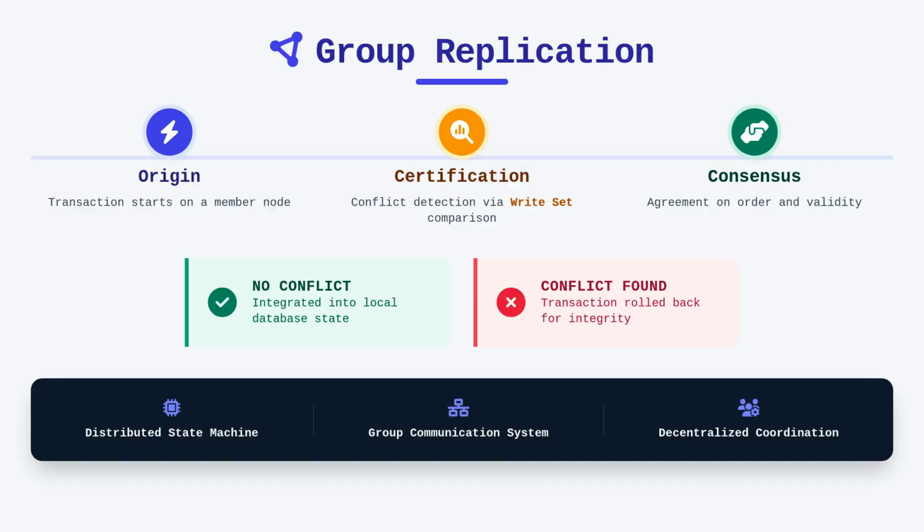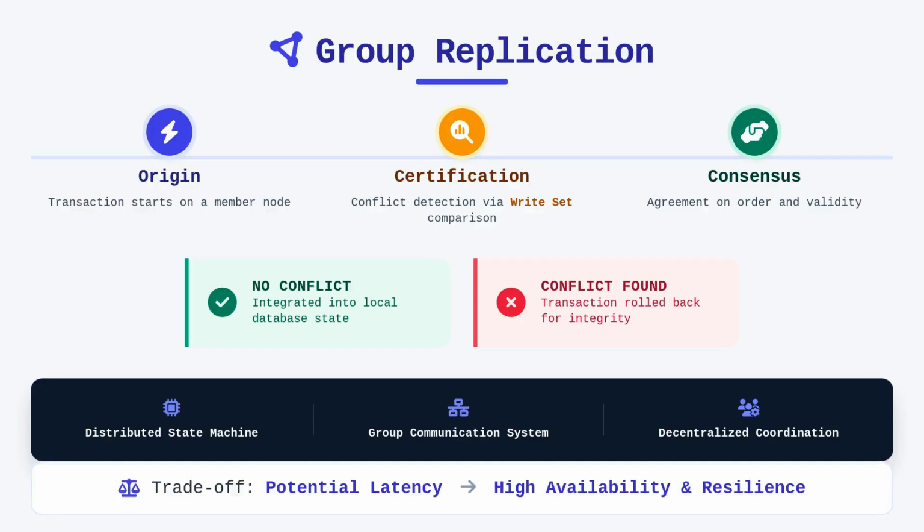Because all members see the same sequence of transactions, the replication process remains inherently consistent even under high levels of concurrency. The order of these transactions is guaranteed by a group communication system that acts as the backbone for message delivery. This design is what ultimately allows you to trade potential latency for the high availability and resilience required by modern, mission-critical applications.